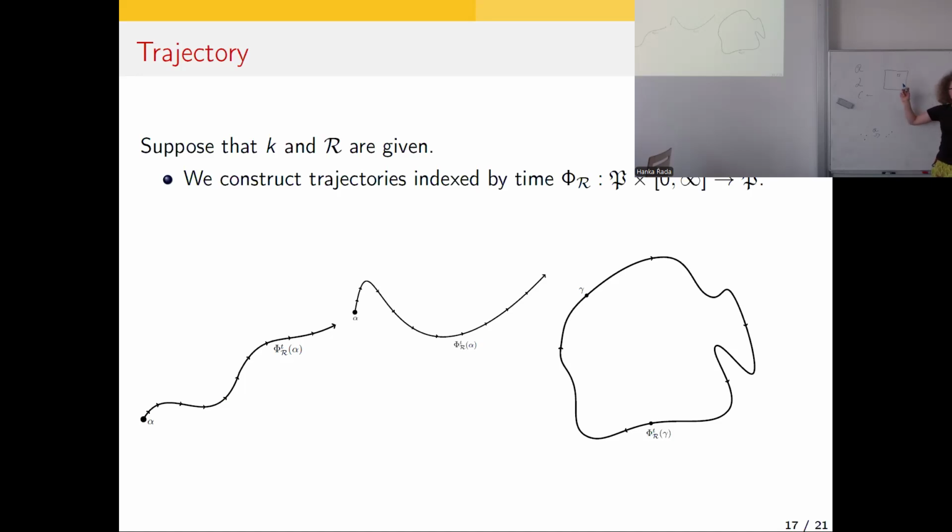That in the new permuton of epsilon n there will be more points here, for example, or on any other function.